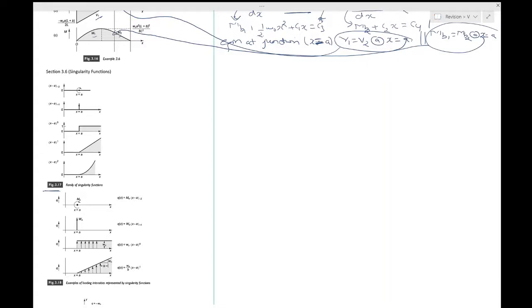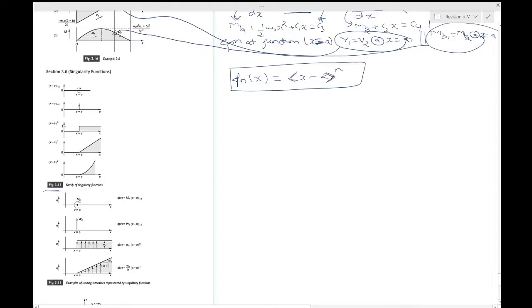And let me just define what they are. So first thing is to write this f_n of x is equal to <x minus a> to the power of n. You have to note two things, that these brackets are of this type.